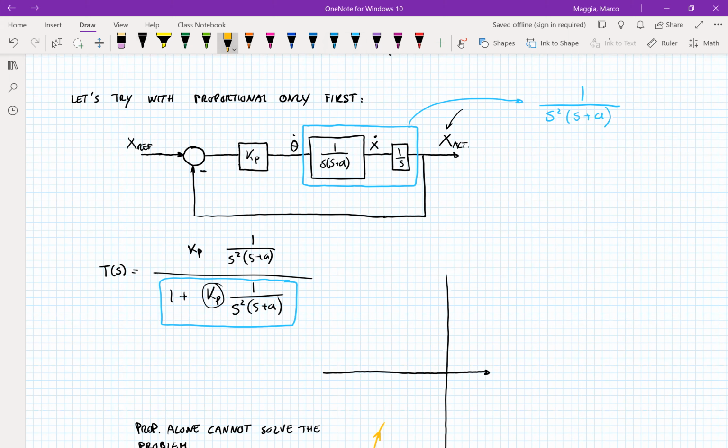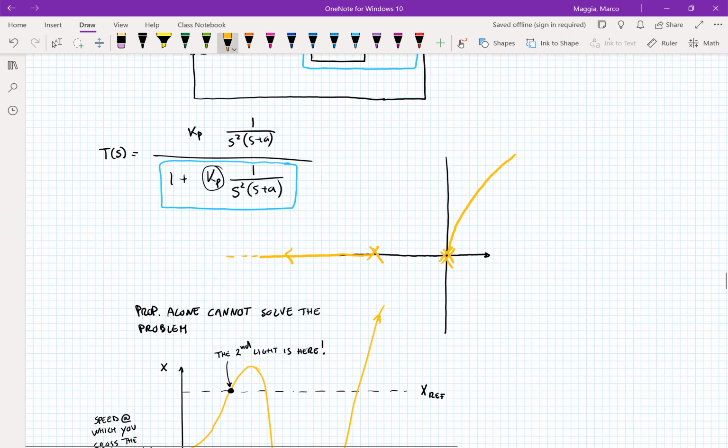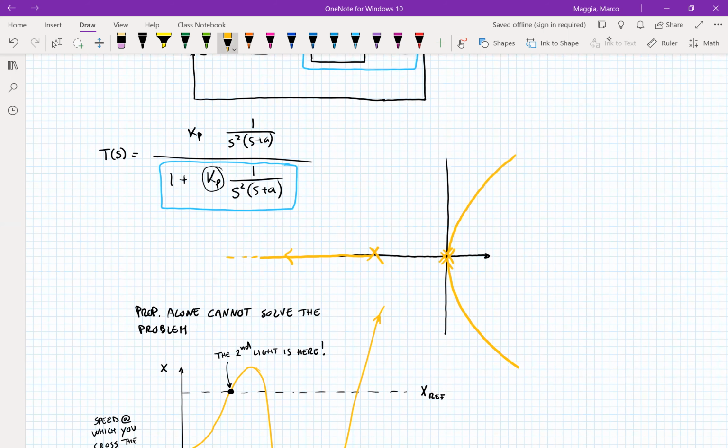We have 2 poles at the origin, 1 pole at minus a. And so we have 3 asymptotes, one asymptote being the negative real axis. And the other 2 branches will depart from the origin and go this way.